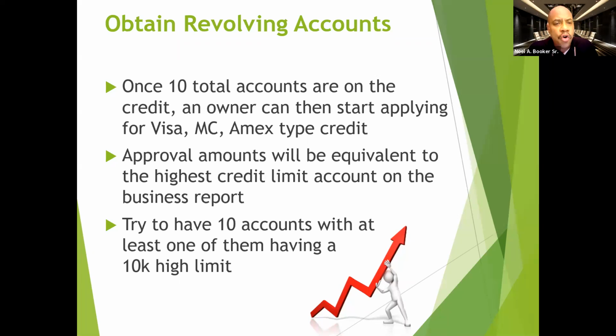Everybody does this a different way, but this is in general a good practice. Make 3 on-time payments, call them. Can I increase my limit? They might be one of them companies that don't do increases for 6 months or whatever, but the rule of thumb is to be aggressive at building up your business credit. Make those 3 payments, you call them. Can you increase my limit? Then they'll tell you the rules, whether or not they can do it now or not.